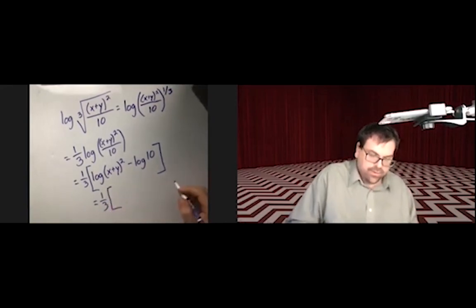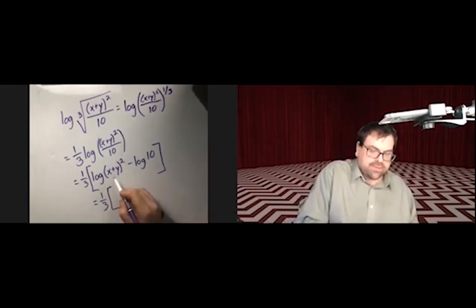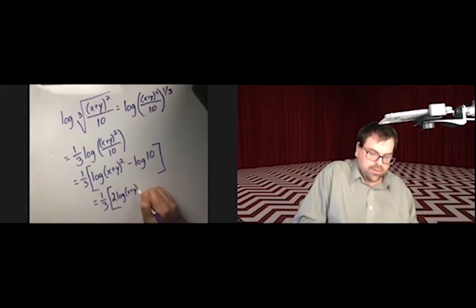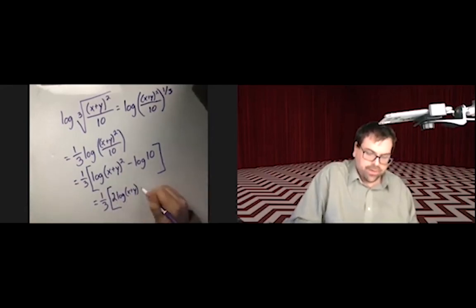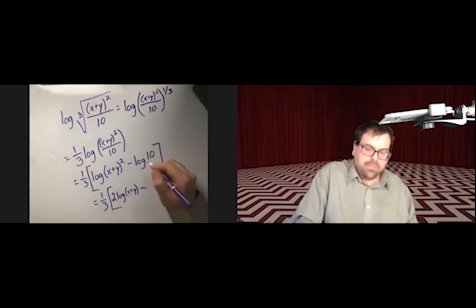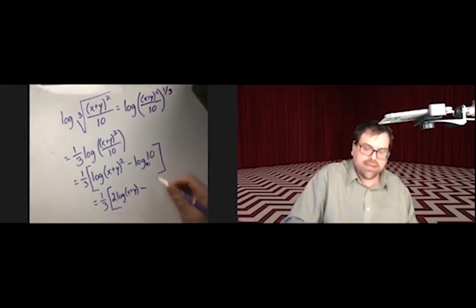One-third of log of x plus y squared. We can bring the 2 down front of this log. Log base 10 of 10, 10 to the first is 10, so this is all just 1.